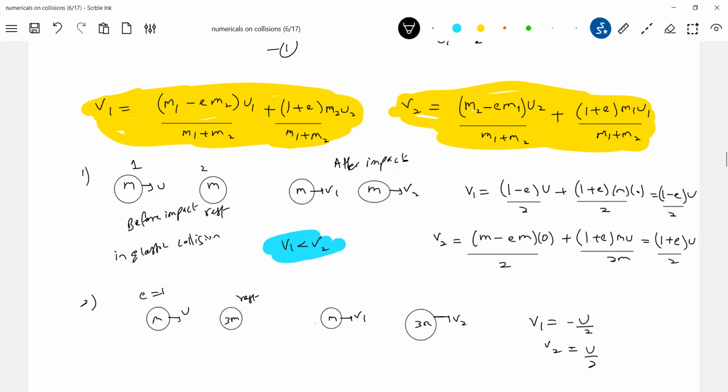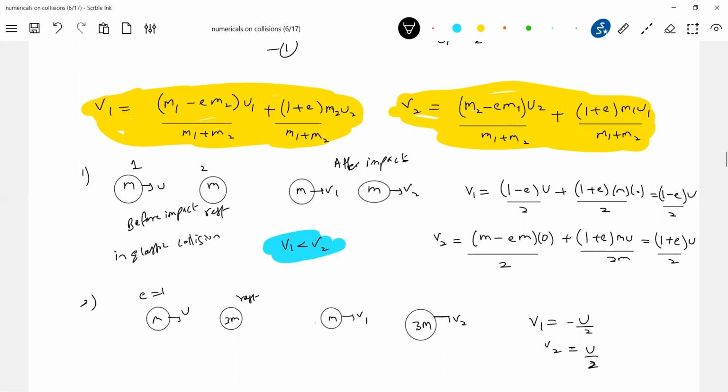So I'm substituting m and here 3m, e equal to 1. So I'll get u by 2. And here in this particular thing, 1 plus 1, m u by m plus 3m. After collision, what will happen to the objects here now? This will rebound with a speed u by 2 and this will move with a speed u by 2. Both will have the same speed, but they'll be moving opposite to each other.